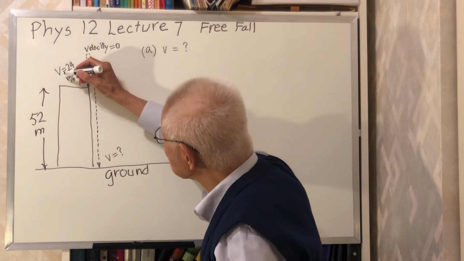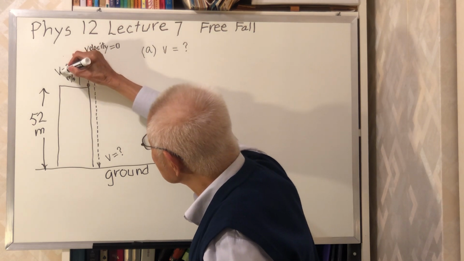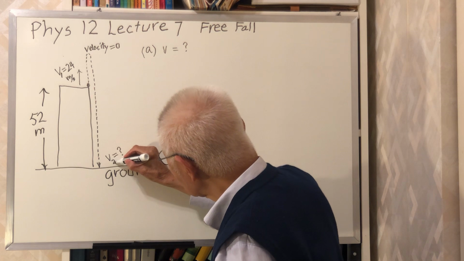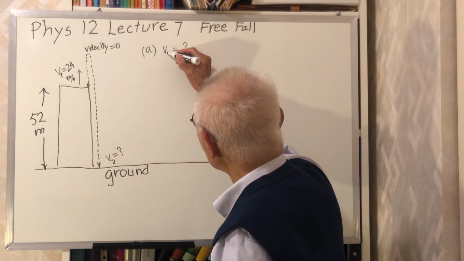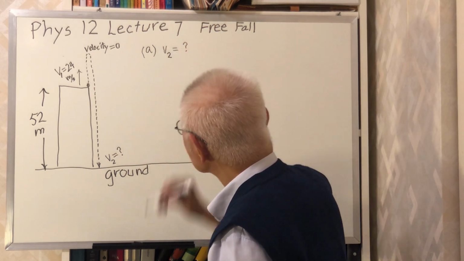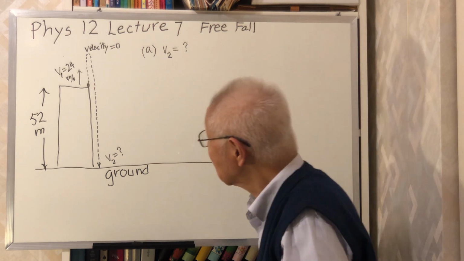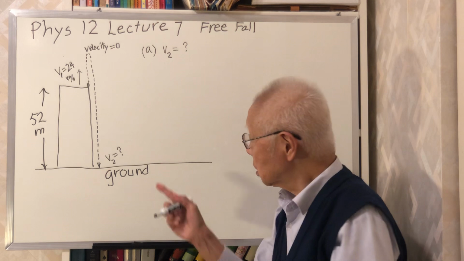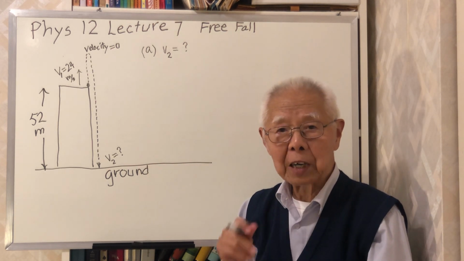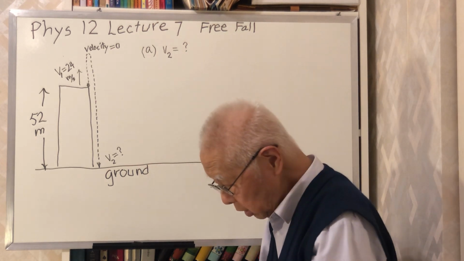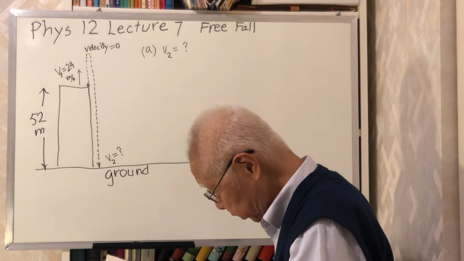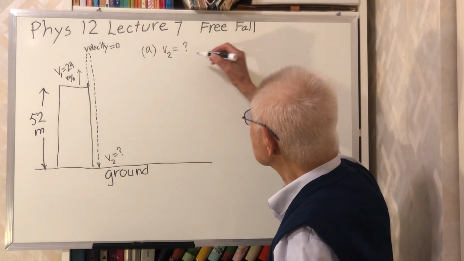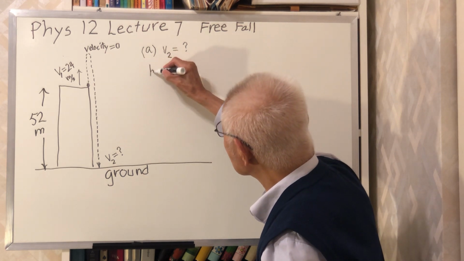Let me call this V1 and call this V2. So what is V2 now? V1 is the initial velocity. V2 is the final velocity. So part A, what is the final velocity? Part B.